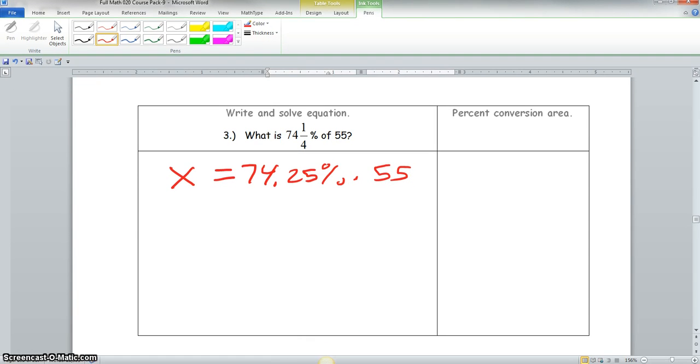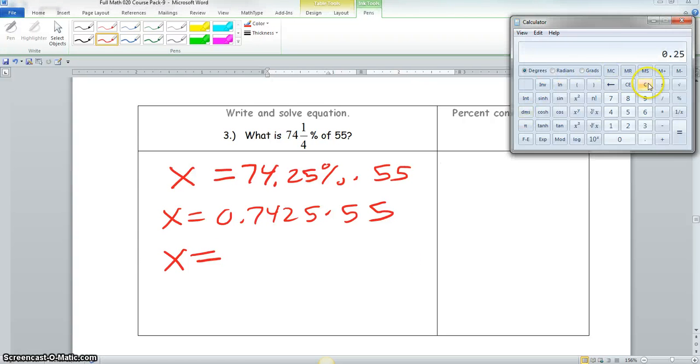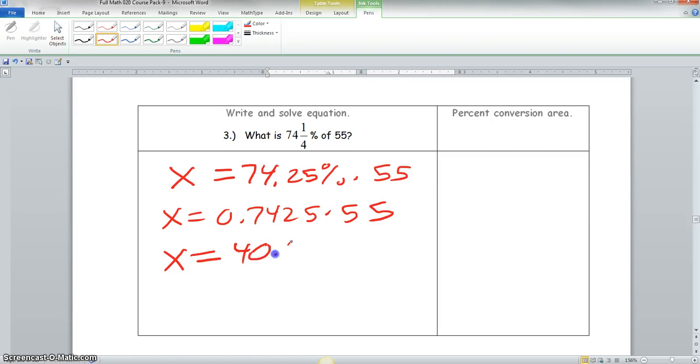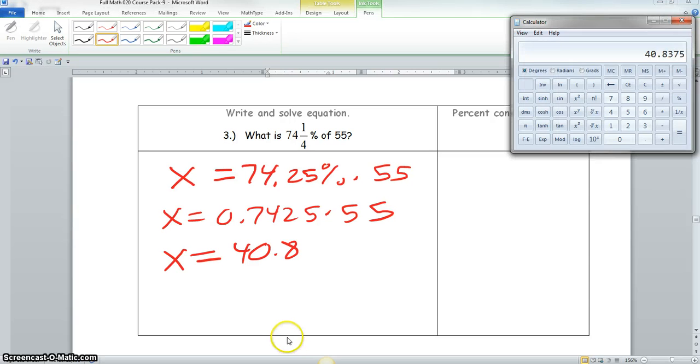Now, with that, we know we need to move this decimal 2 places to the left to get rid of this percent sign. So it'd be X is equal to 0.7425 times 55. Now we would say X is equal to, we could take our calculator again and take 0.7425 times 55. And that gives us 40.8375.